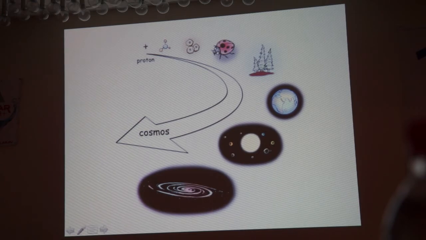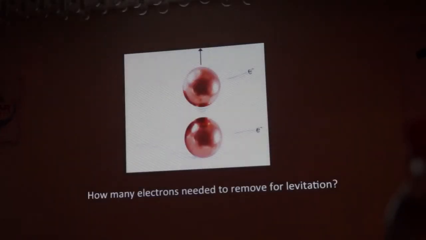The size of this cluster of stars to a proton is roughly 10 to the 38th. And that's the difference between the charge force and the gravitational force. It's hugely different.